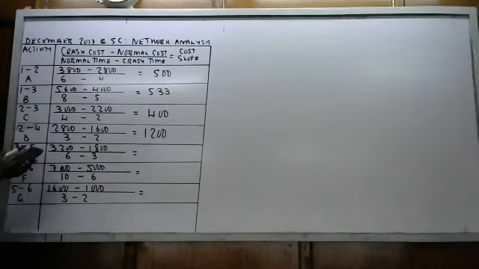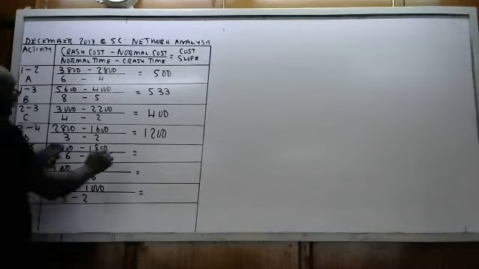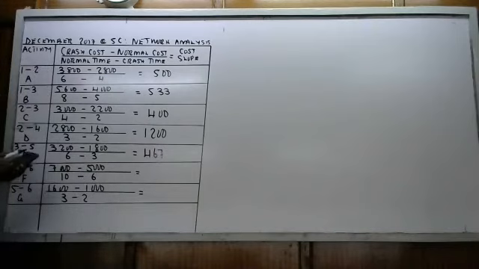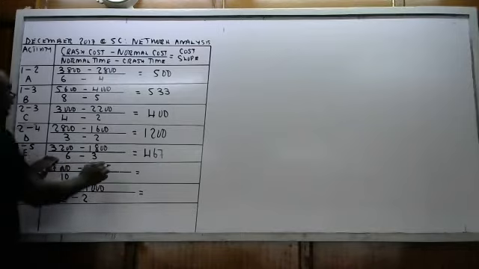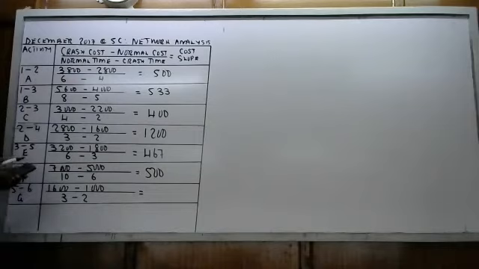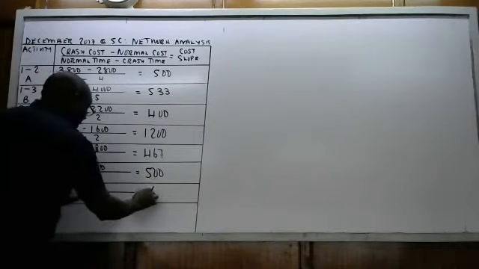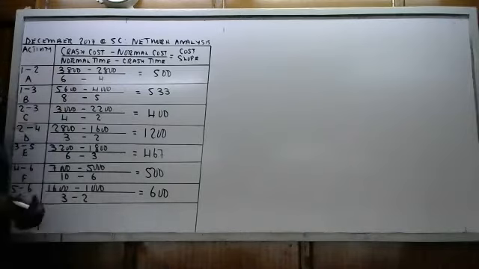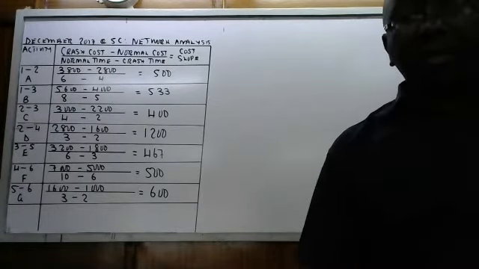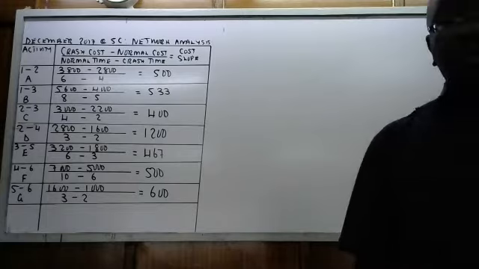Then 3,200 minus 1,800 divided by 3 is 467. 2,000 divided by 4 is 500. Then 600. So that is what I have. If you are in agreement, write and let me know whether you agree.